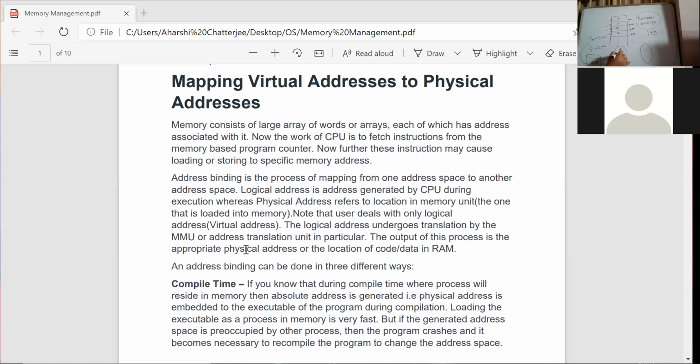Suppose I'm saying this is X, Y, Z. Now, suppose here it is A, B, C. Now, suppose I'm mapping it like this: X to B, Y to C, Z to A. Can anybody tell me what kind of mapping it is?